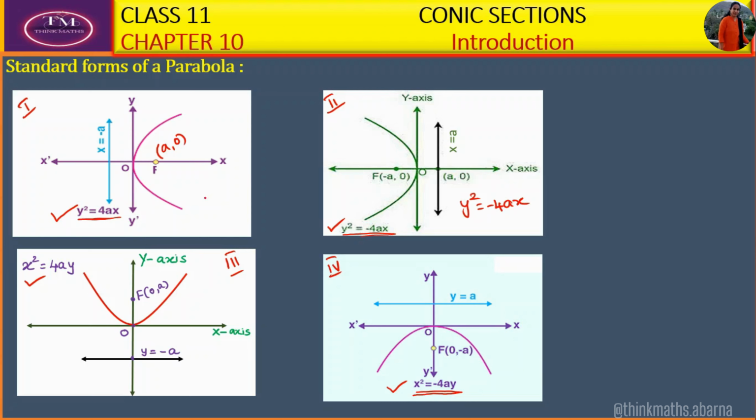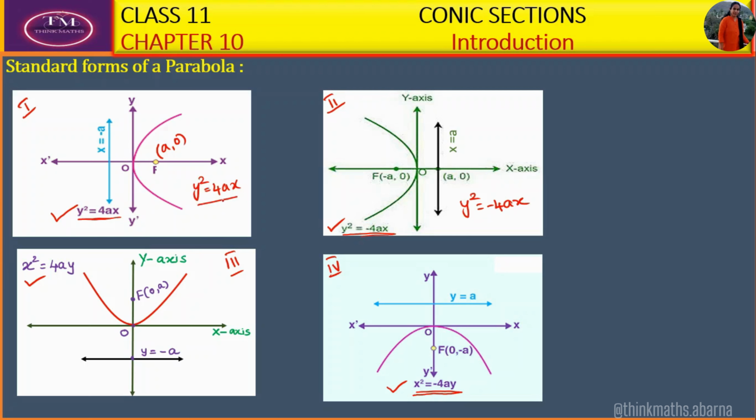So one is y square equal to 4ax. When the mouth of the parabola is open in the positive side of the x-axis, the focus will be a comma 0. So a is a point on x. On the x-axis, the y value will be 0. So the focus will be at a comma 0. If the focus is at positive a, then the directrix will be x is equal to minus a.